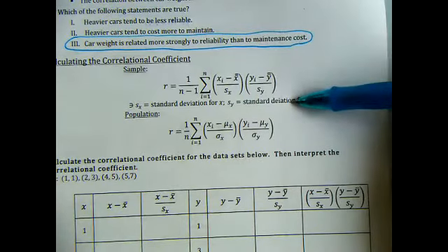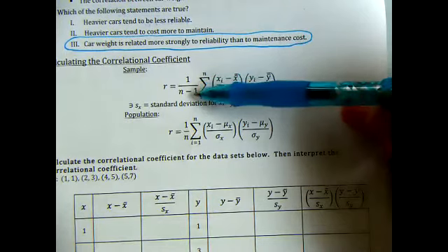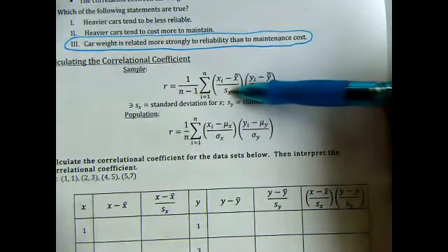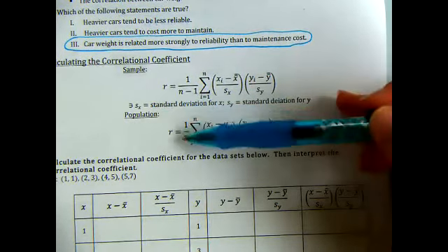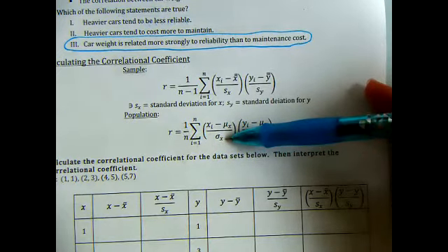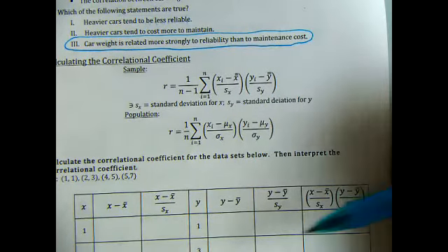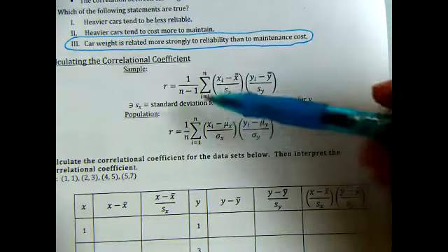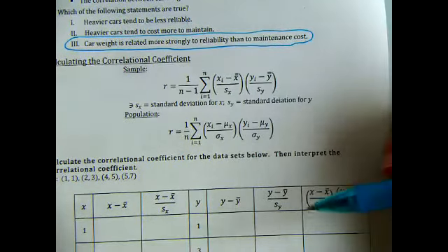And the main difference is in the sample, we use n-1 and we use the sample standard deviation, versus population, we use n and we use the population standard deviation. So we use sigma. Same difference essentially in sample versus population. It's usually that n-1, right?